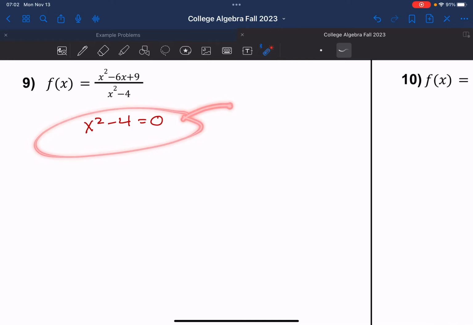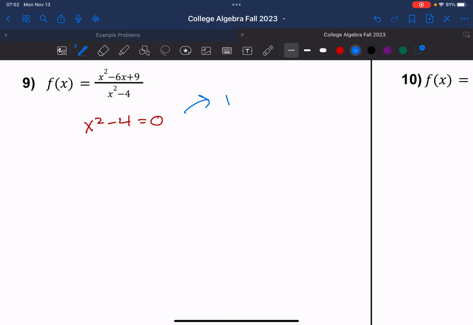Perfect squares. Remember we did a section on that in one of the notes. Perfect squares. And remember, in order to factor a perfect square, we write our two parentheses. And in each parenthesis set, we are going to have a plus and a minus.